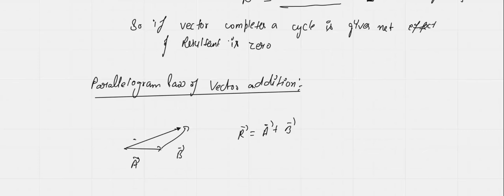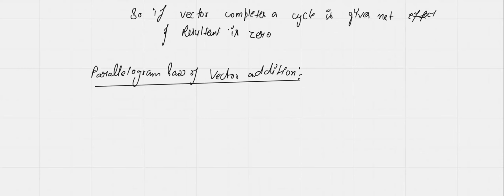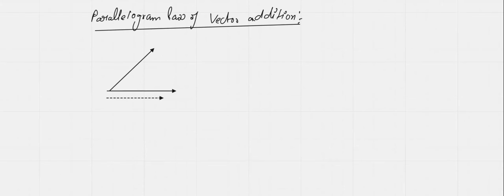Now, what does the parallelogram law say differently? Parallelogram says that if two vectors are forming adjacent sides of a parallelogram, how? If I make a line parallel to this, in this way, a parallelogram will be formed like this.